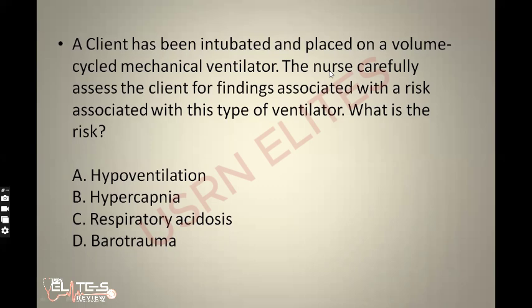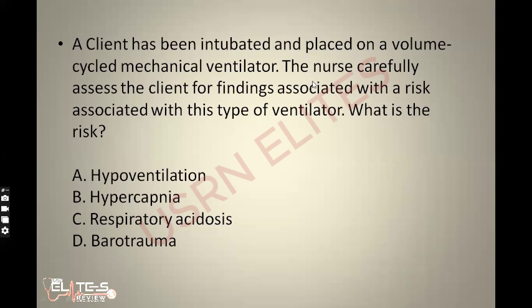Okay, try. My understanding is that the volume cycle means the clinician is controlling the volumes of air that the patient is going to get. So the volumes means that you are going to control the expansion of the lung.